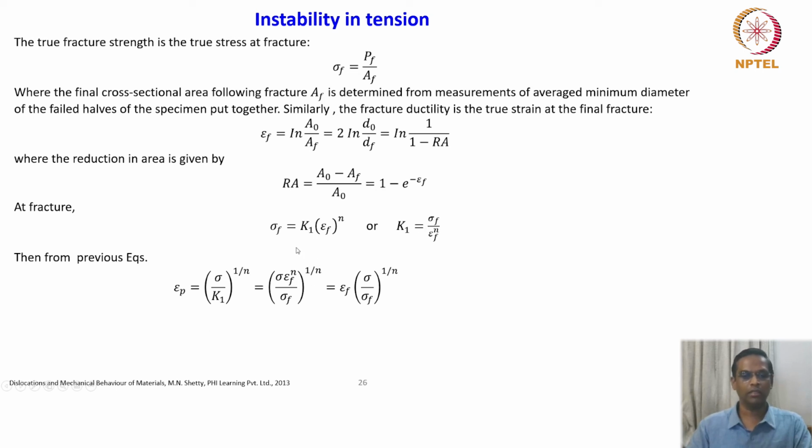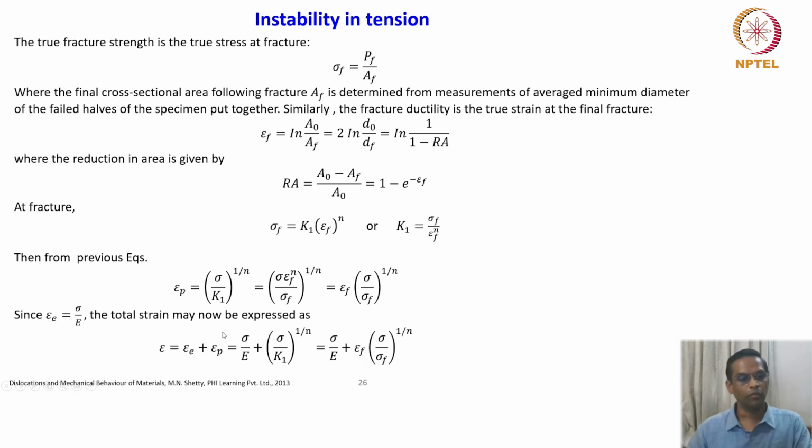So then you will finally get epsilon p is equal to epsilon f times sigma by sigma f to the power 1 by n. So we can now bring in another relation. This is engineering strain, which is equal to sigma by E. The total strain we can bring in.